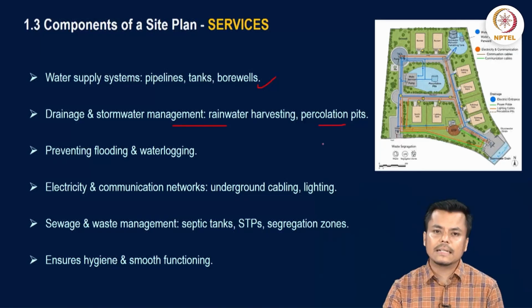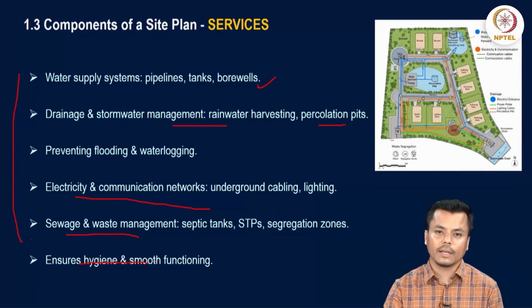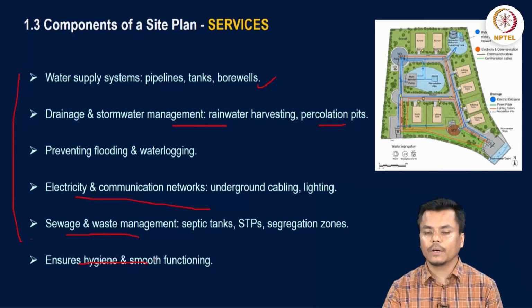All these details are to be showcased in the site plan, along with the electricity and communication network details, sewage and waste management process. If you follow all this, you ensure that there is hygiene and smooth functioning in the particular project or building that you have designed.